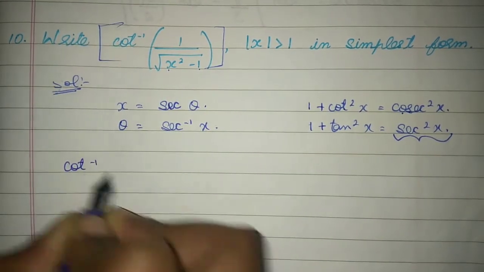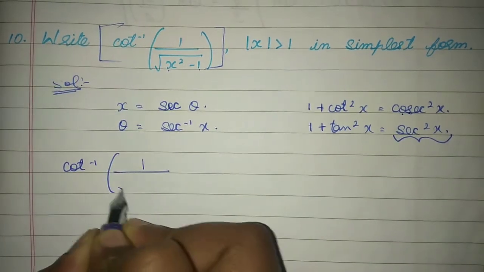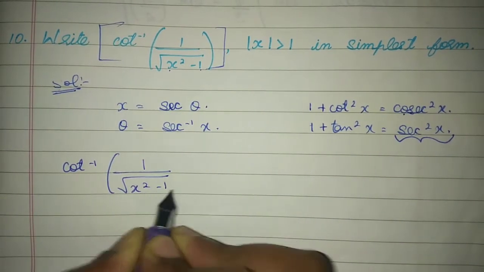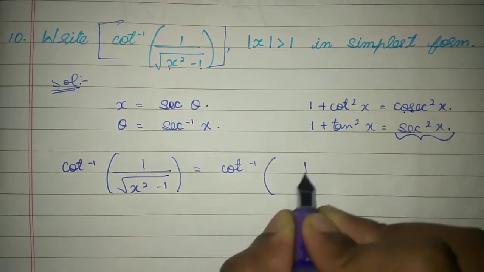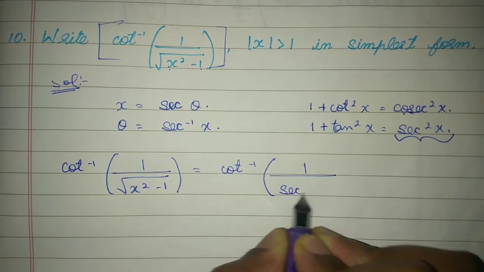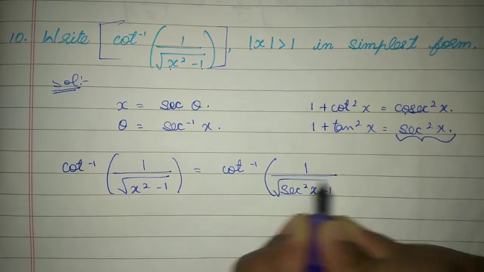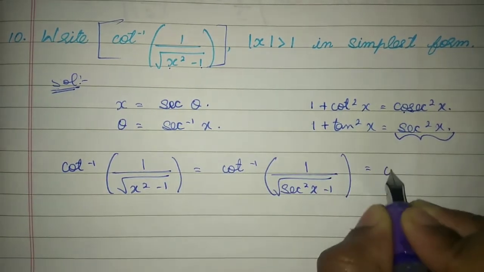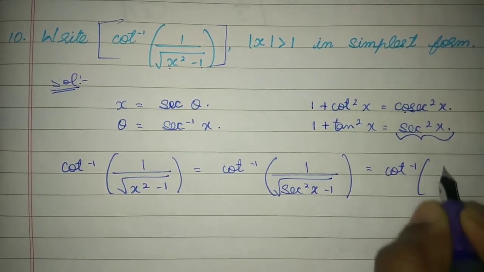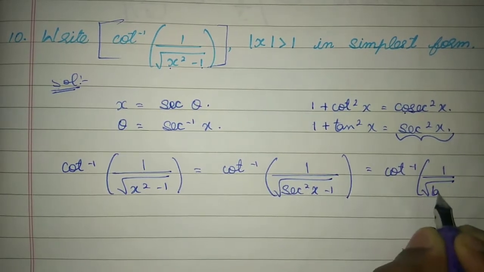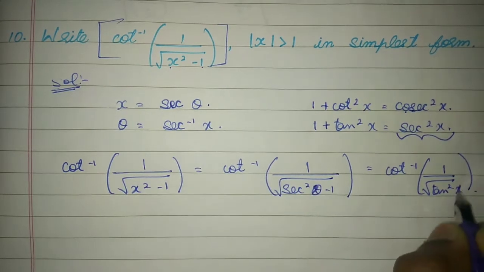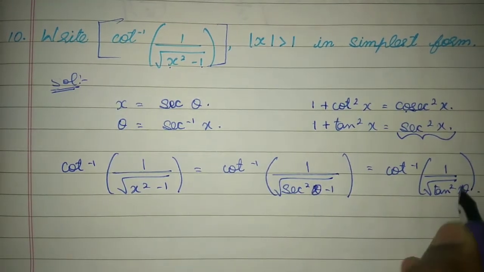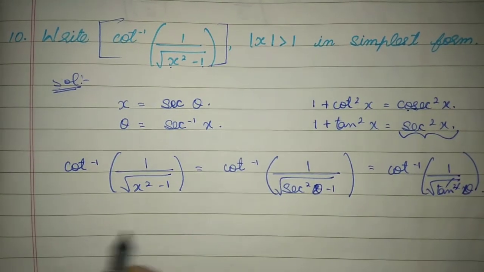So cot inverse of 1 by root of x square minus 1 is equal to cot inverse of 1 by root of secant square theta minus 1, which is cot inverse of 1 by root of tan square theta. So here square and root will get cancelled.